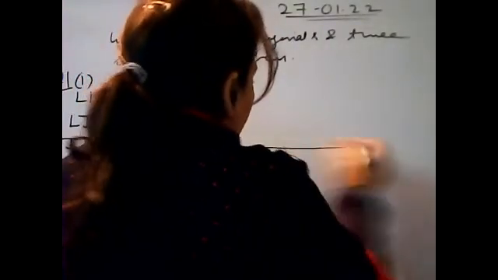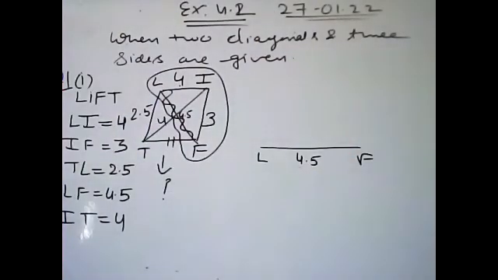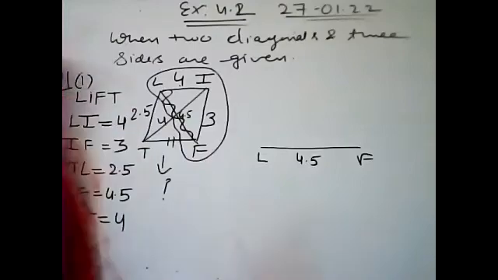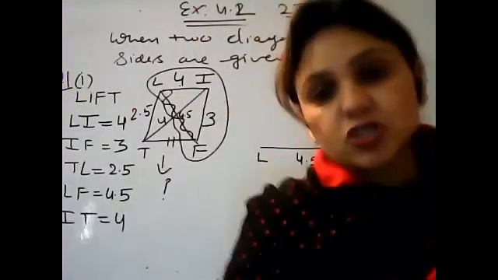So I'm drawing LF is equal to 4.5. So we know when one diagonal is given, you have to start the construction with the diagonal.